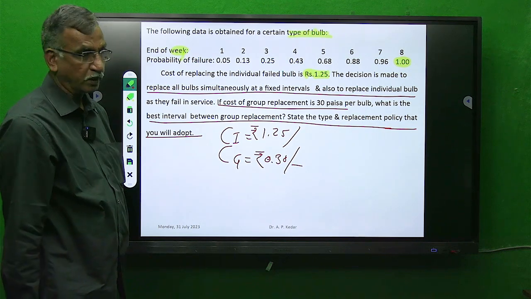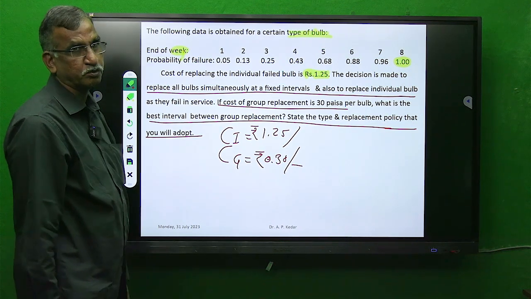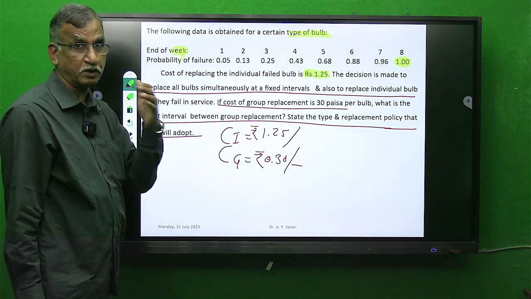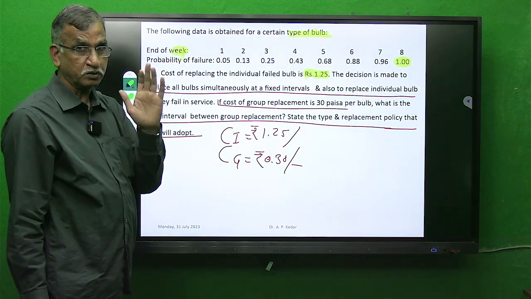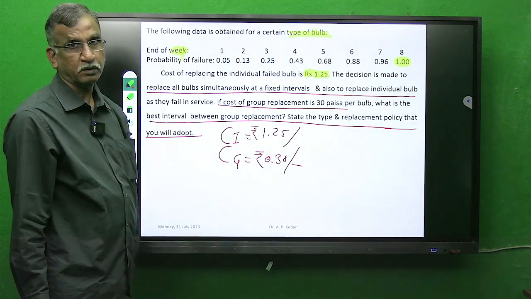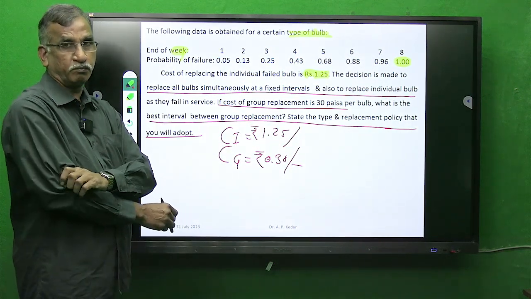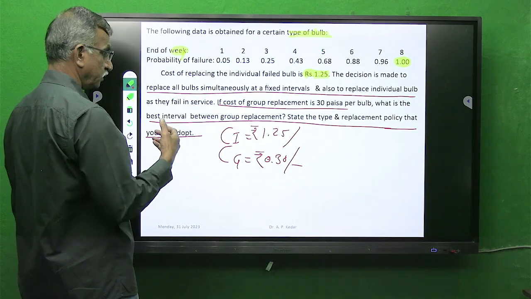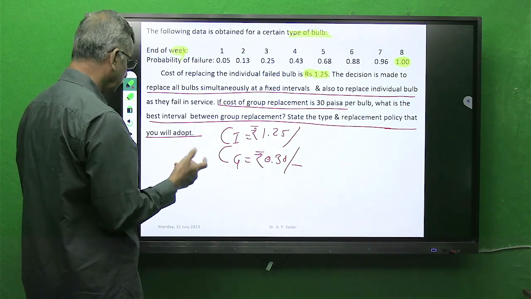So here two things are asked: which policy we will adopt, and at what time period we will replace the components in a group.